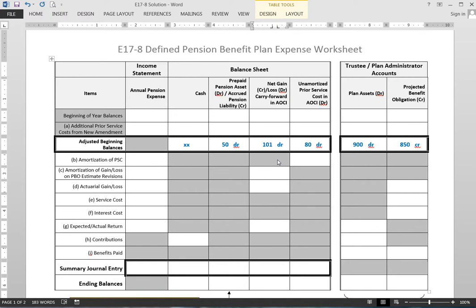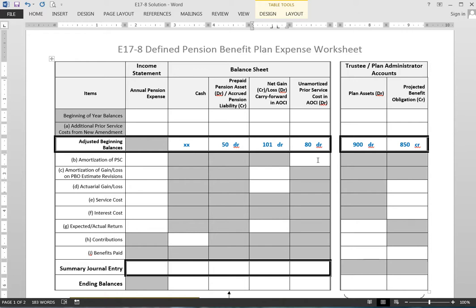Okay, so we have the beginning balances, and then the middle part of the worksheet is to identify the components that may have an impact on some of these account balances. So for example, if we have unamortized prior service costs, that means that the employer made a modification to the plan of some sort, and GAAP allows for the total anticipated cost of those changes to not be recognized in full in the year in which those changes are made.